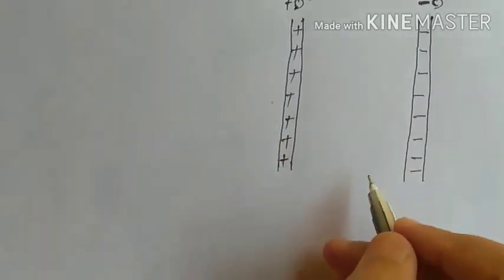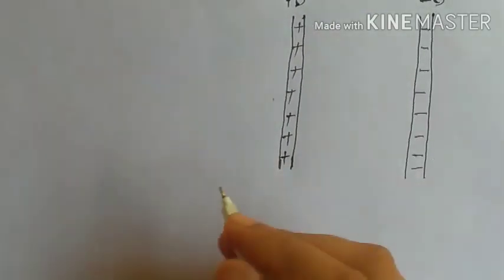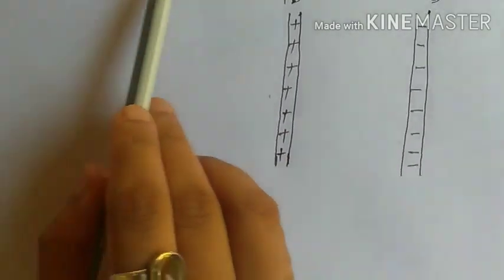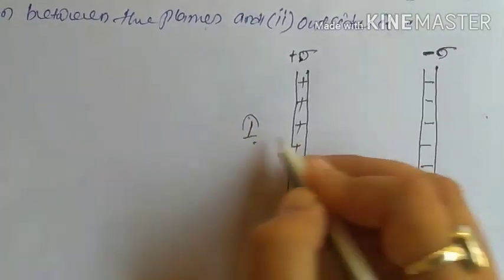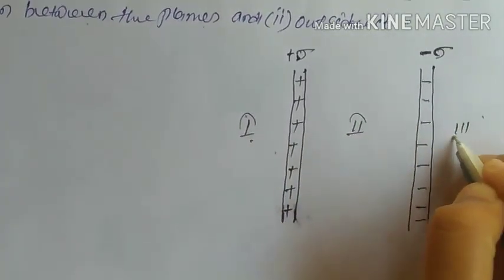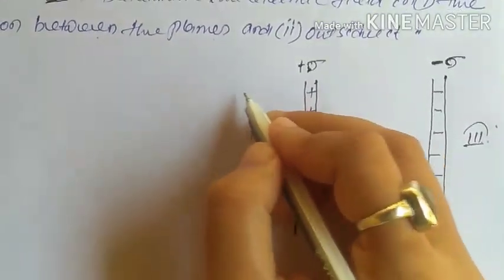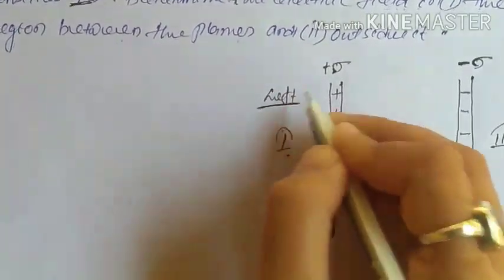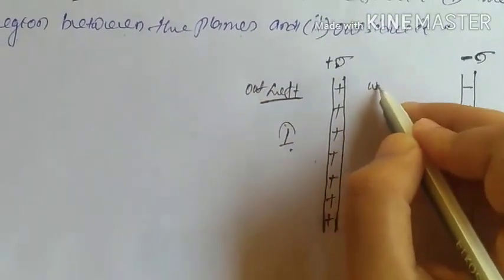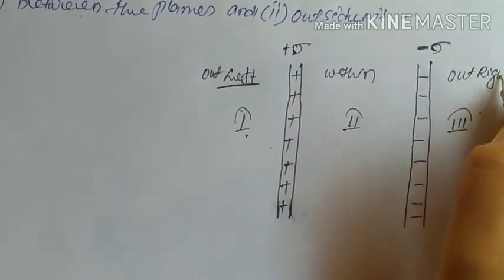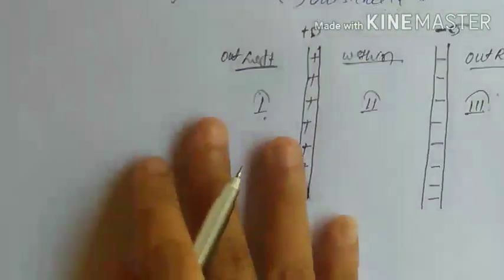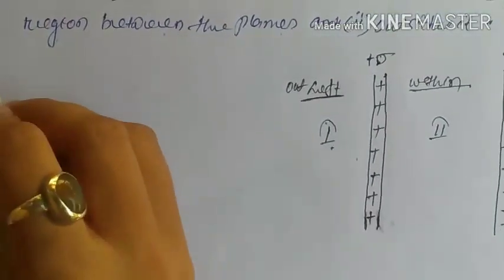We have to calculate the electric field for the region between and outside. So these are the two outside regions. Let me name them 1, 2, 3. This is the left side, left outside; this is within, this is outside, right? Now what are the things given?